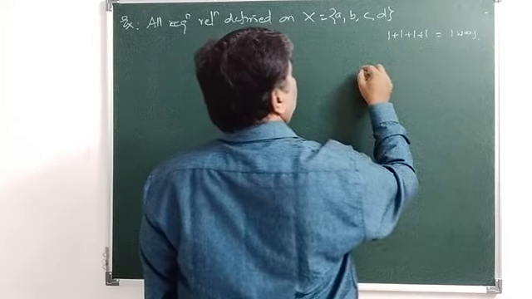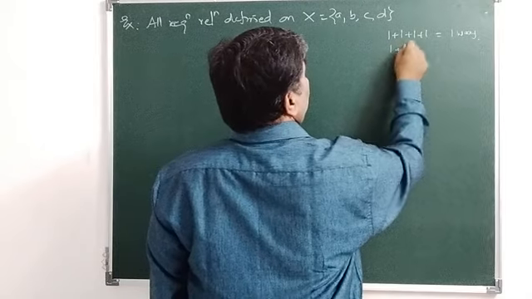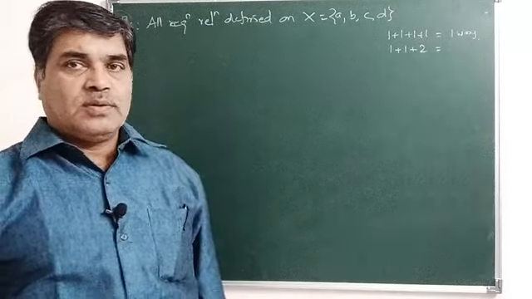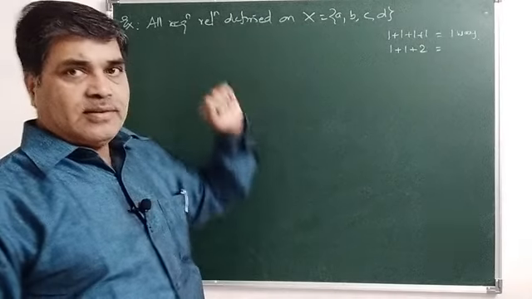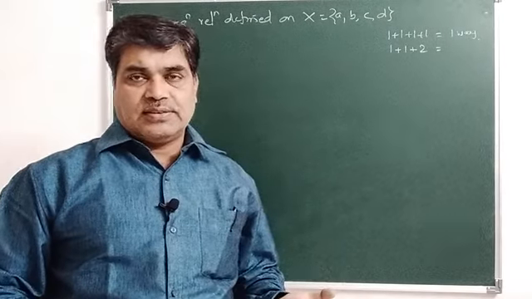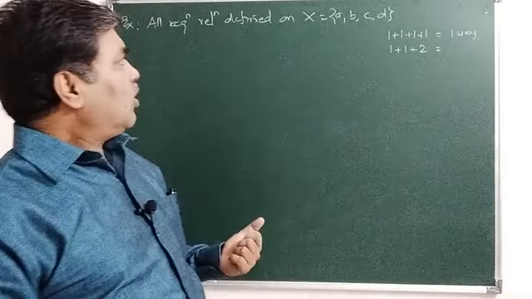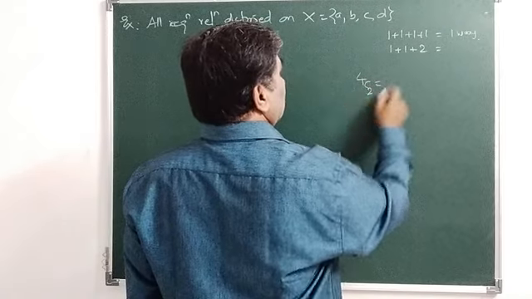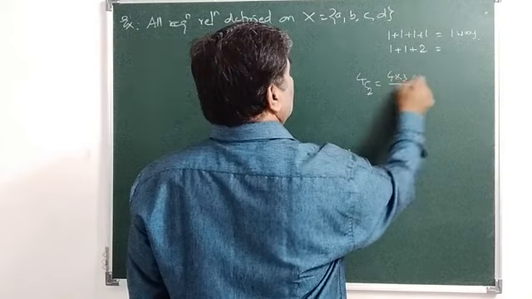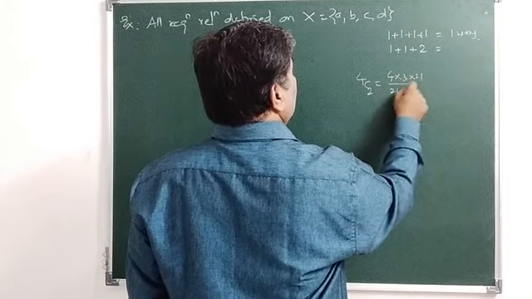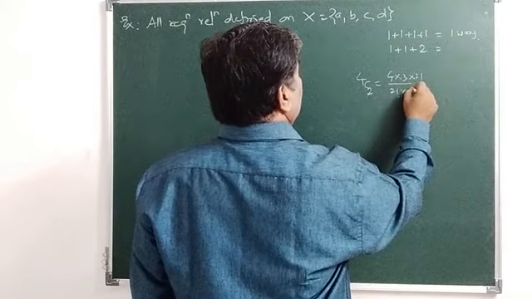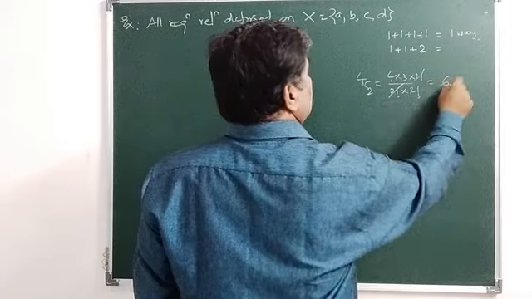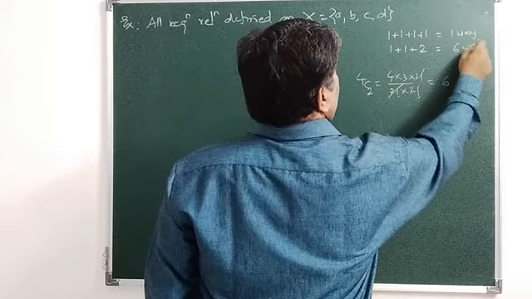Then I'll take 1 plus 1 plus 2. So the number of ways of selecting two elements from 4 elements is 4C2, which is 4 factorial, 4 into 3 into 2 factorial upon 2 factorial into 2 factorial. This 2 factorial gets cancelled, so this will become 6. So this is 6 ways.